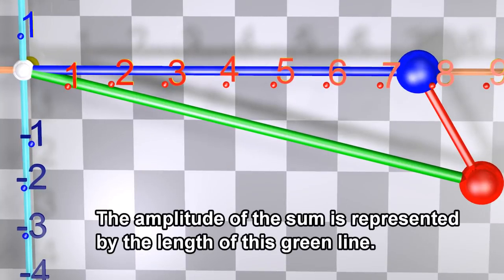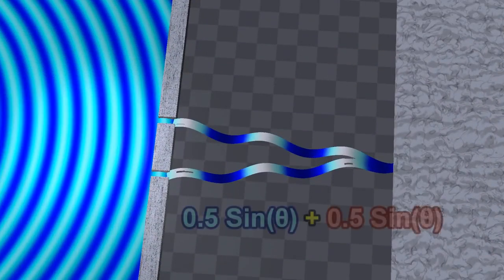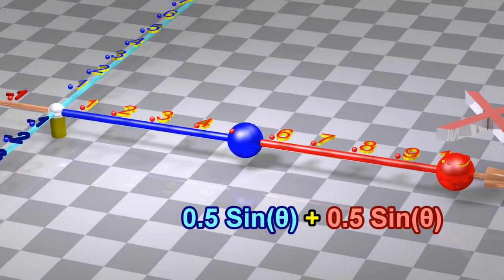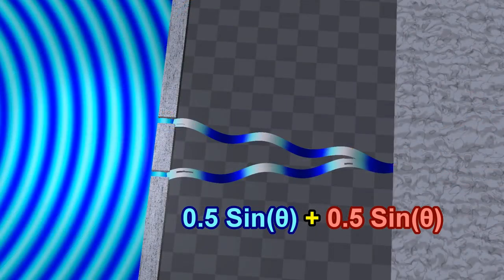The amplitude of the sum is represented by the length of this green line. In the case of the sine waves coming from our two small holes, the two waves have the same amplitude and frequency, but different phases.